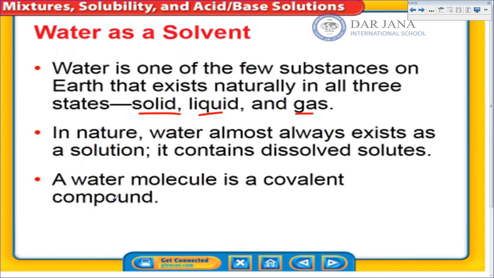Also, we know that the water molecule is a covalent compound. Why? Because water is made up of two hydrogen atoms and one oxygen atom. So it's H2O. And we know that hydrogen and oxygen, both of them are nonmetals, so they form a covalent compound.